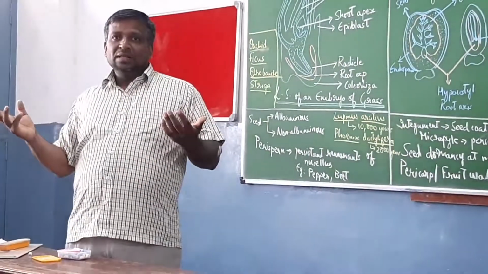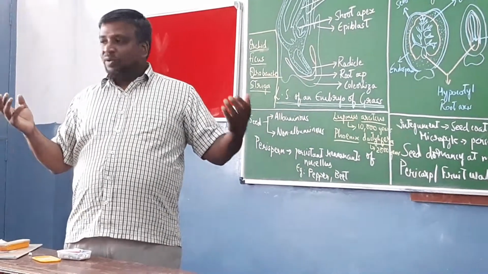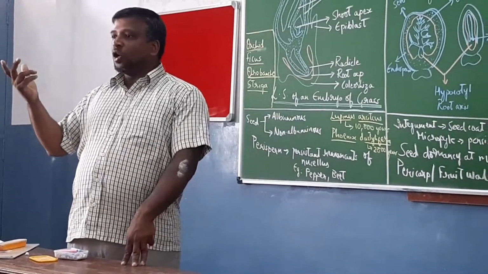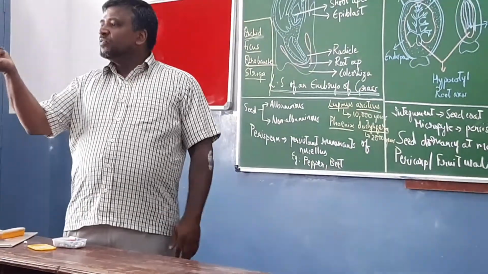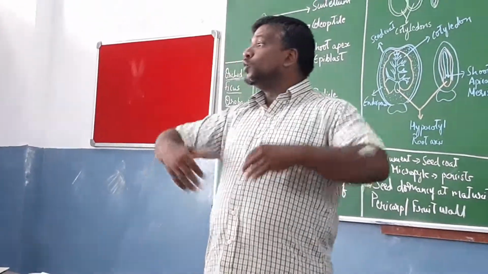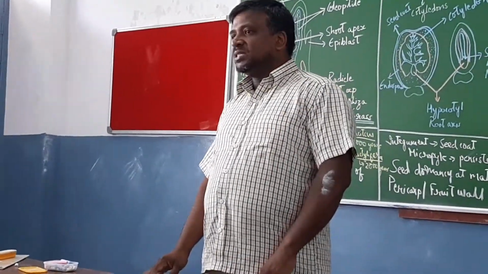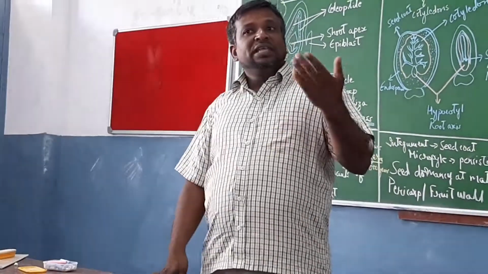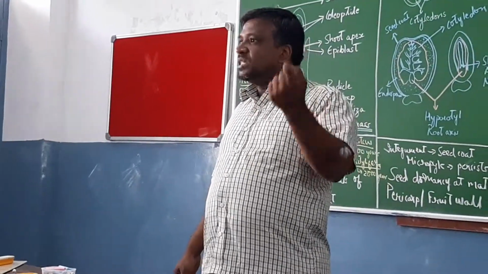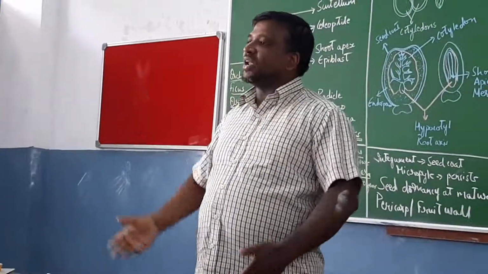The Ficus plant, the banyan tree, or the cluster fig tree, Ficus glomerata. The seeds are very minute, but they produce such huge trees. Isn't it? So a very small seed gives rise to a gigantic tree.